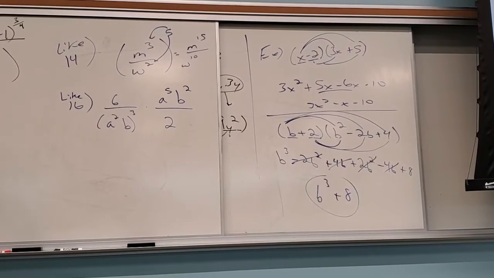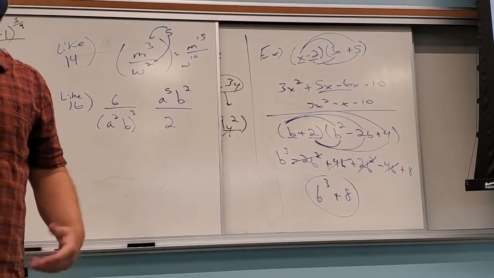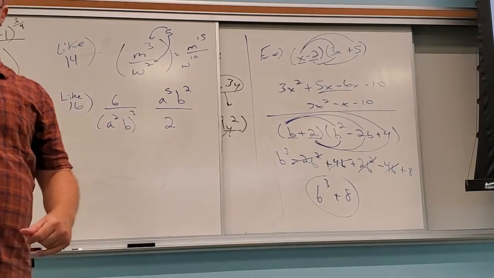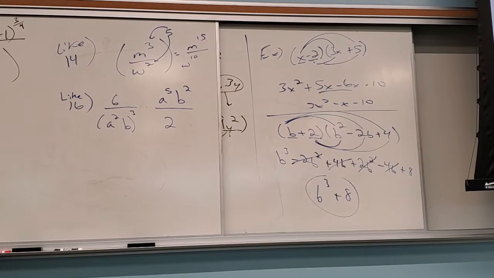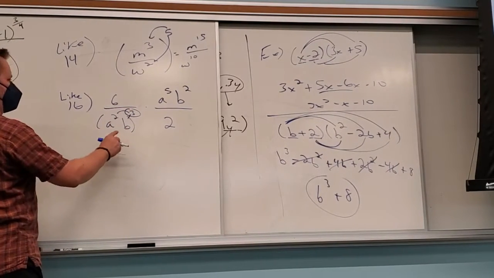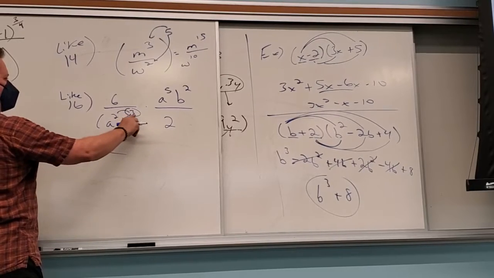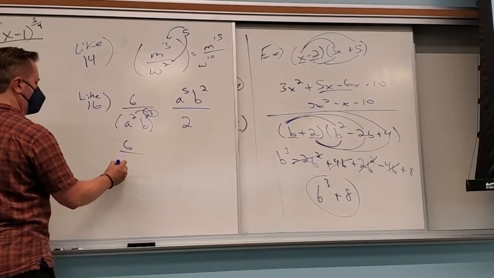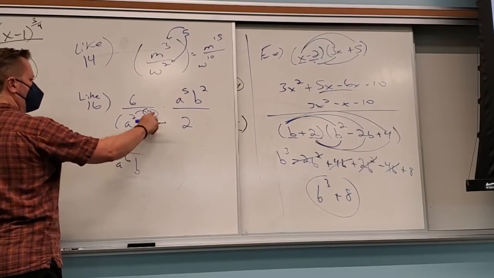So what do I need to do first? What's funny is it's the same thing you look for all the time. What do we look for in expressions and equations? Distribution, right? Do you see any distribution I need to do? Distribute the power? Yes, kick ass. So let's distribute this. So it's 6 over a to the 6th, b to the 3rd.